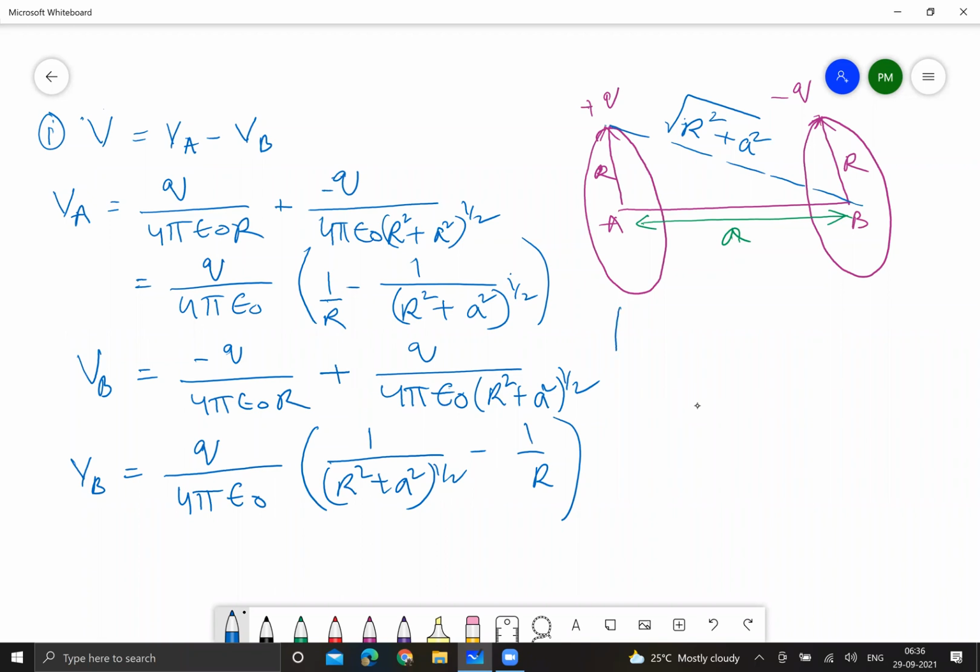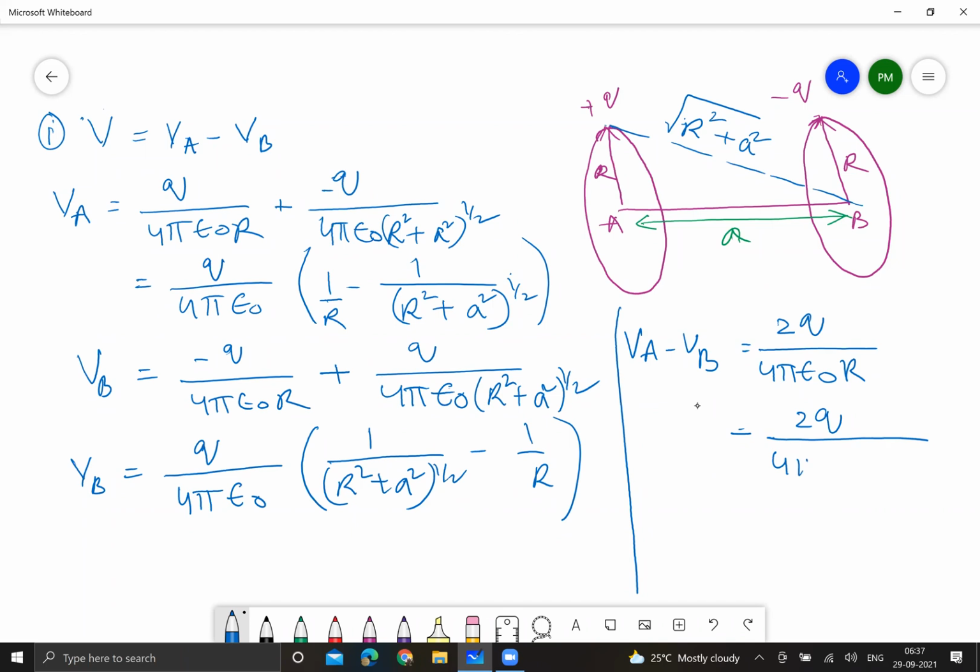So now VA minus VB. It is 1 by R minus of minus 1 by R, so it will be 2Q by 4 pi epsilon 0 R minus 2Q by 4 pi epsilon 0.